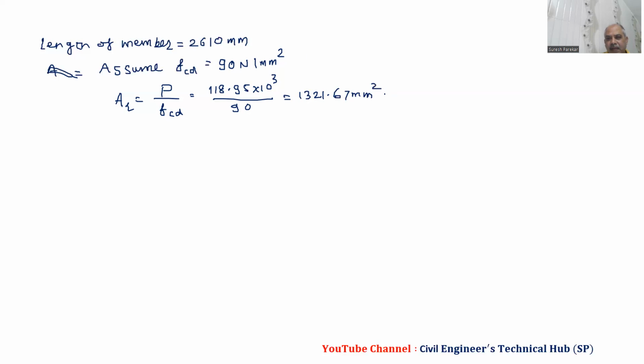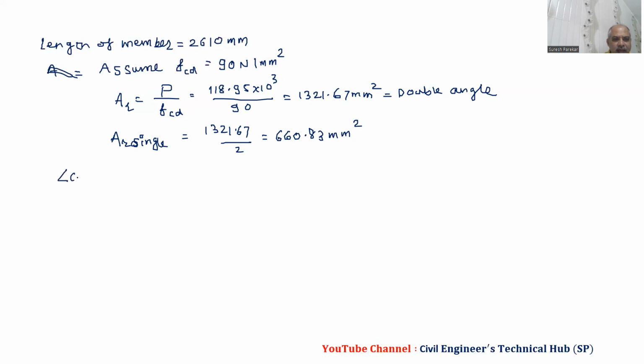Now this is a double angle. The principal rafter and main tie, both are double angle sections. Therefore, area required for a single angle is 1321.67 upon 2, and we have this value equal to 660.83. Now we will consider an angle.